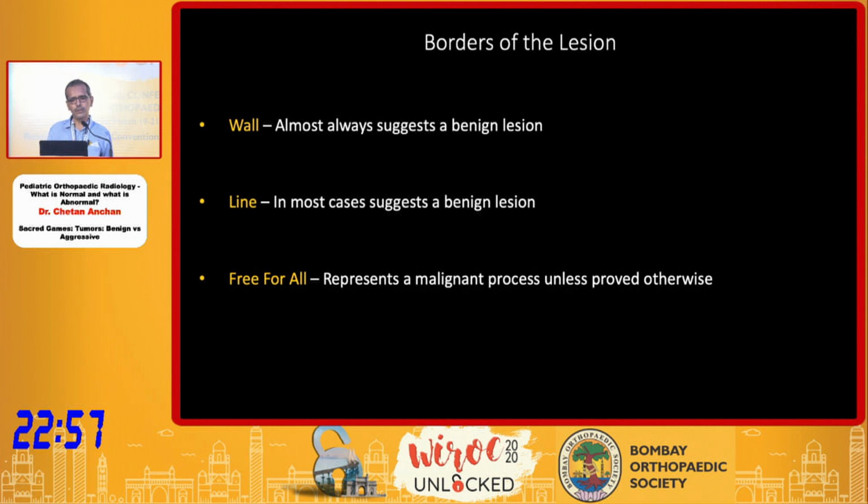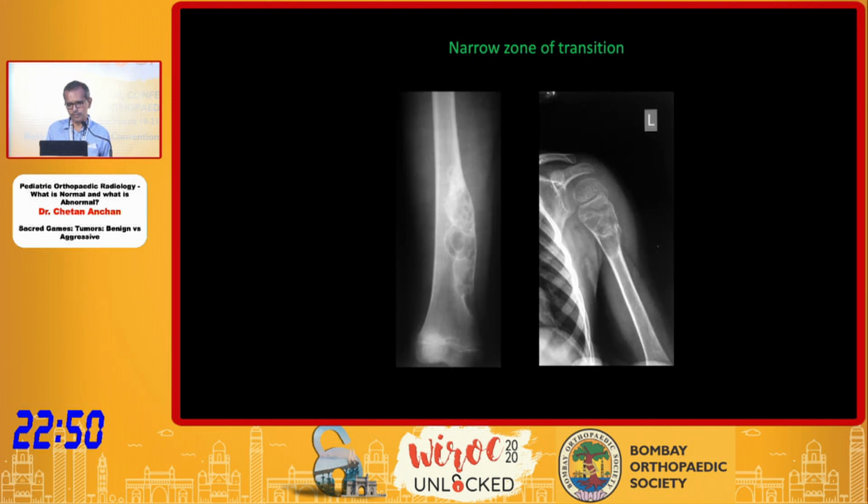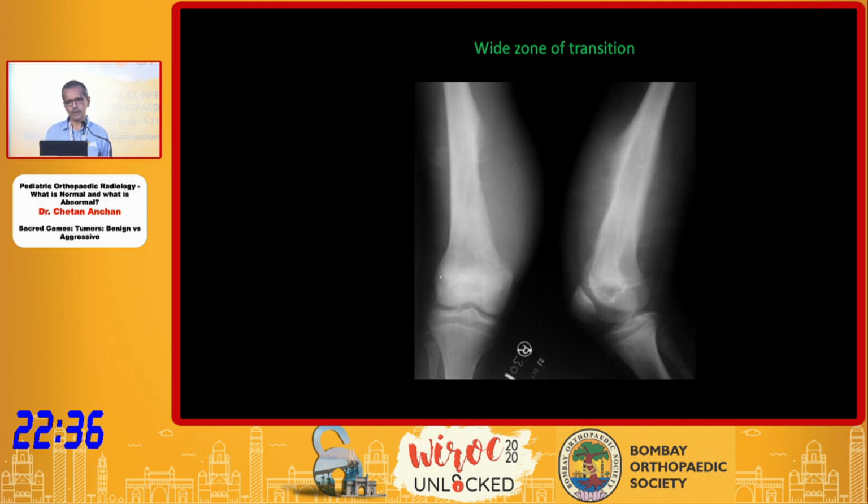And where it is wide, it definitely represents an aggressive process, and most likely it is a malignant condition. So these are examples of a narrow zone of transition, that is a non-ossifying fibroma, and that is a simple bone cyst. This is a classic example of a wide zone of transition. This is an Ewing sarcoma of distal femur.